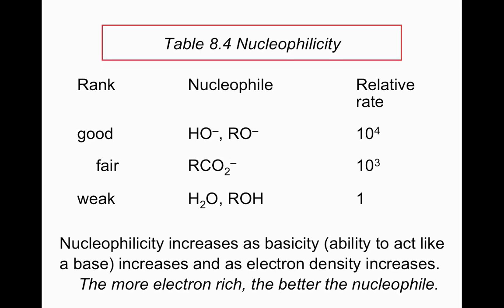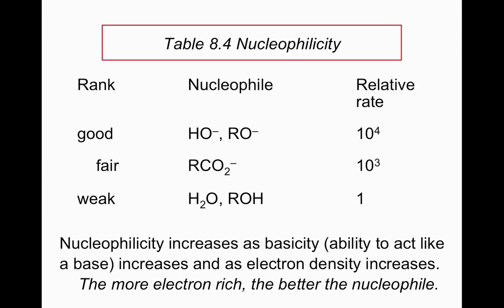In general, nucleophilicity increases as the basicity of a compound increases. Basicity refers to the ability of a compound to act like a base. As electron density increases, as electronegativity increases, the more electron rich a compound is, the better the nucleophile it is.